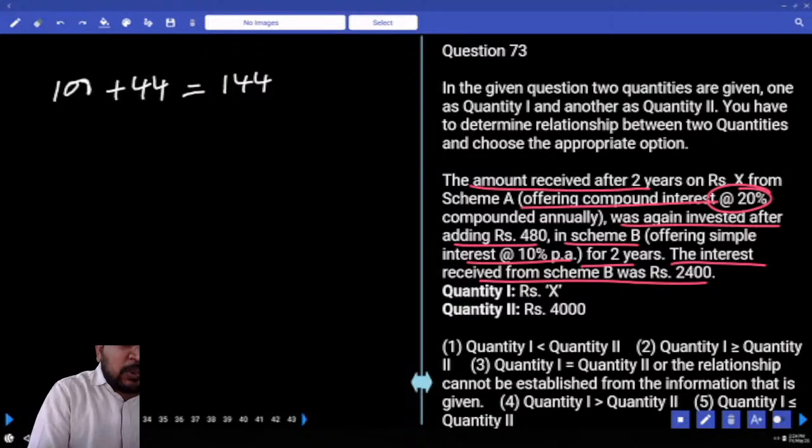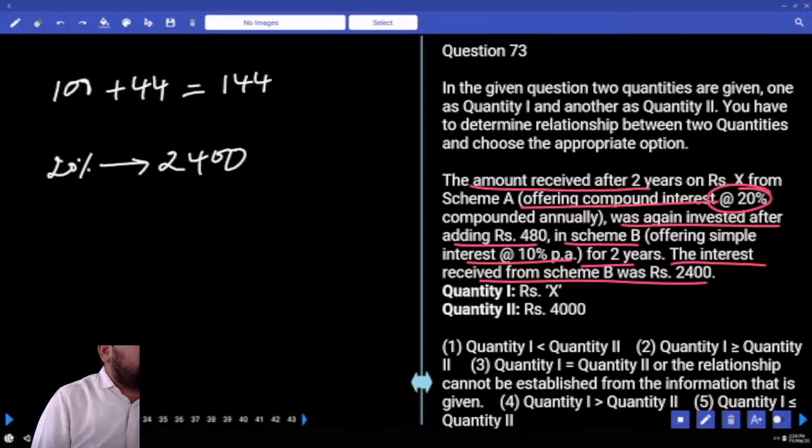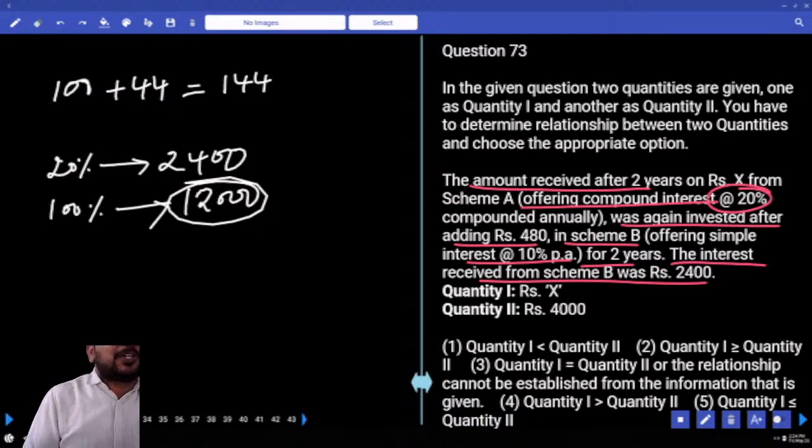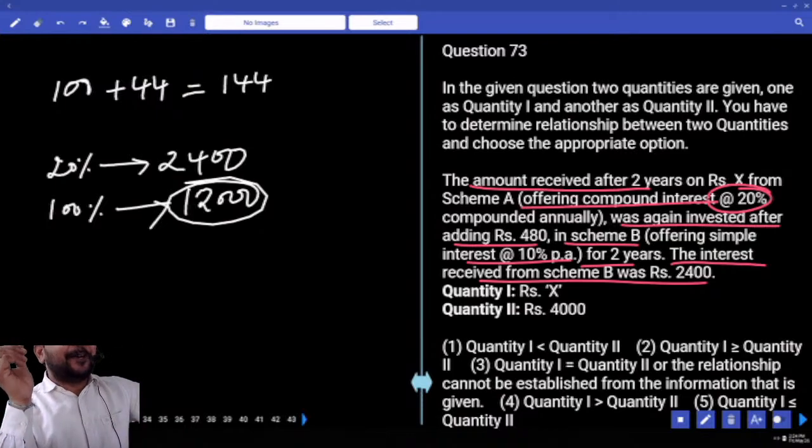That 20% is 2400, which is interest only. Then 100% principal we need. So 20% is 2400, times 5. Therefore principal is what? 12,000. If you observe carefully, principal is 12,000.